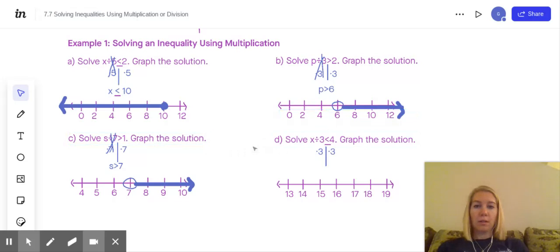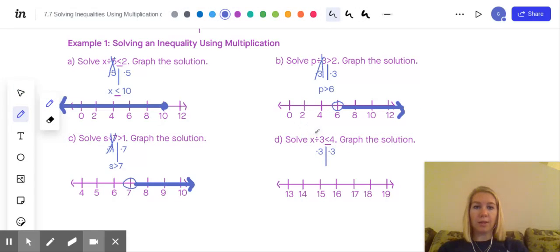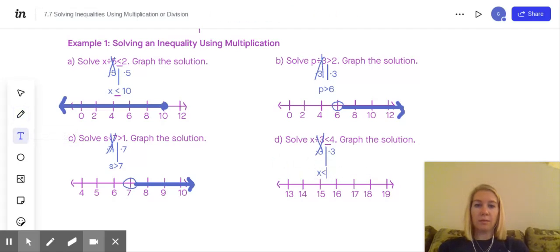Okay. So divided by 3 and then multiplied by 3, that equals 1. So the 3's cancel out, and we just have x on the left side.